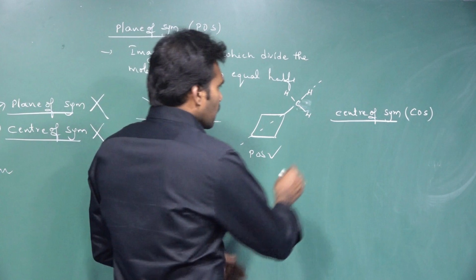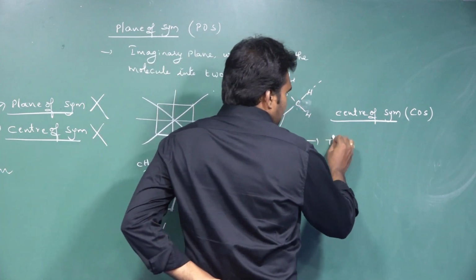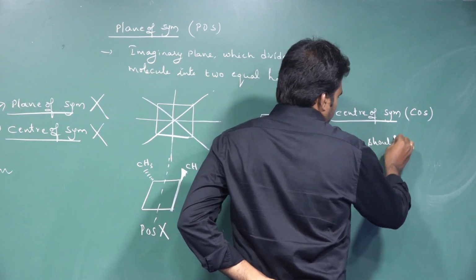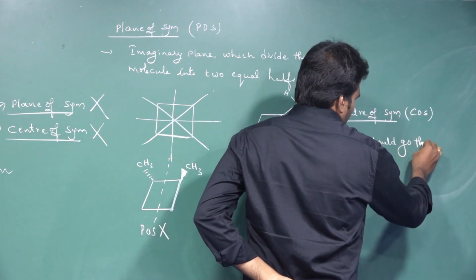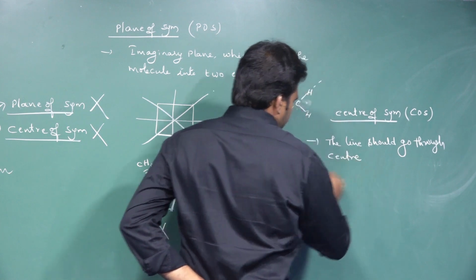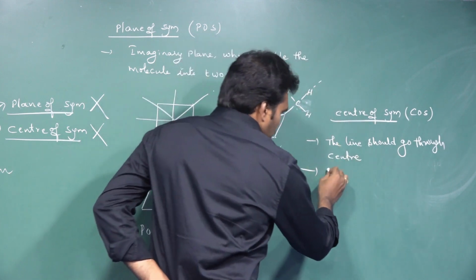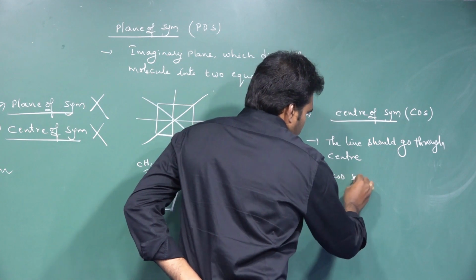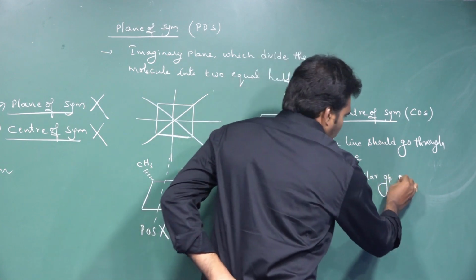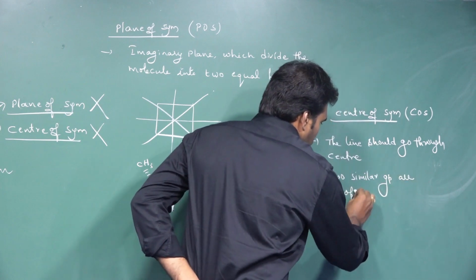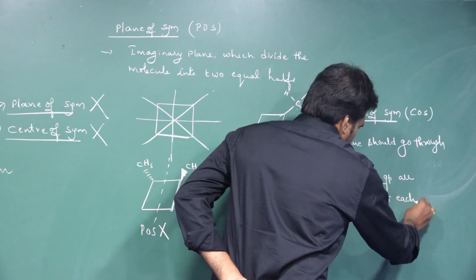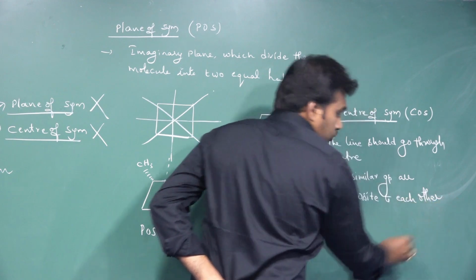So the first one is that imaginary line should go through the center of the molecule. The second one is what? The two similar groups are opposite to each other.